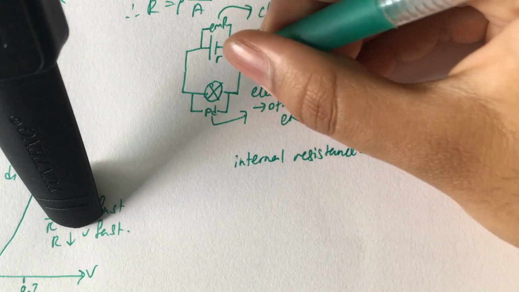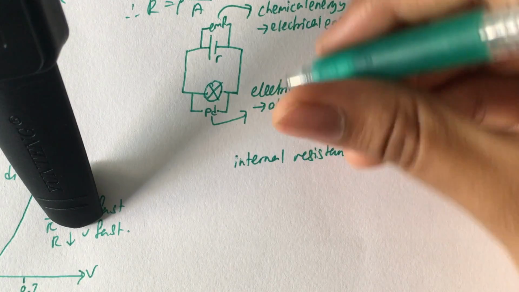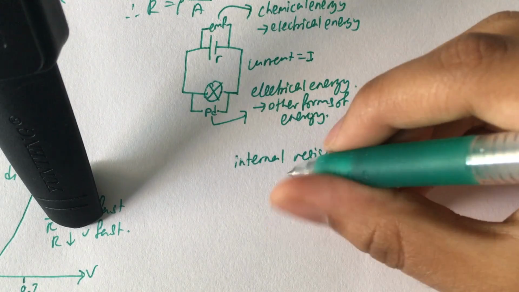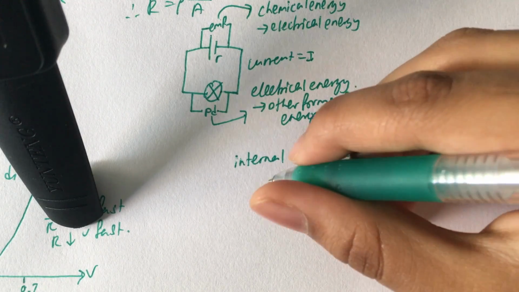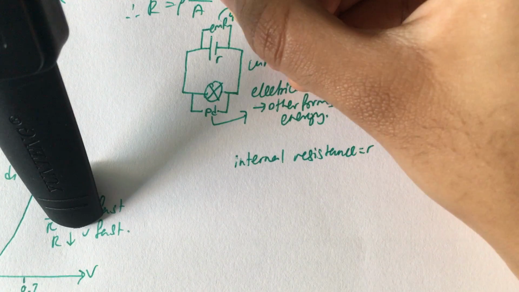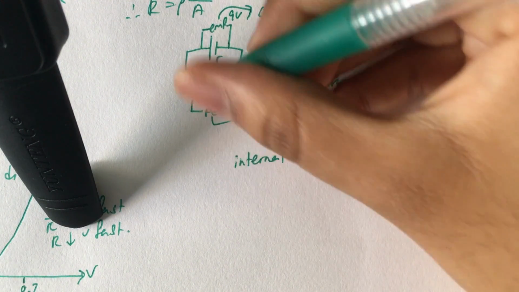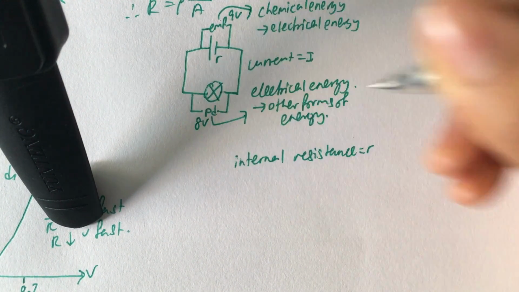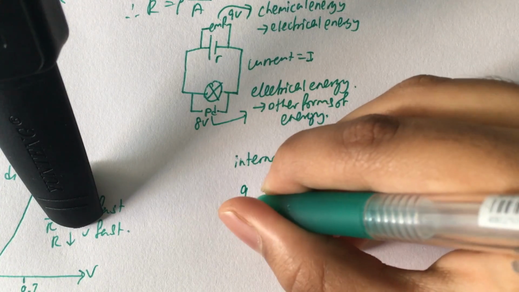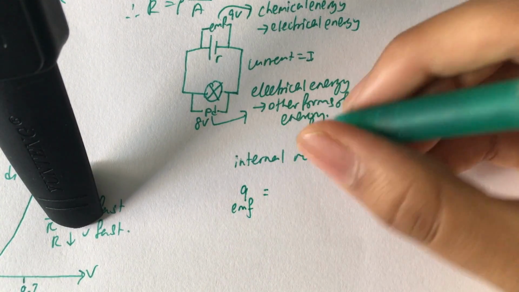So the internal resistance will also end up converting some electrical energy back into heat energy. That means the useful power output will be lesser, but the overall output is the same.